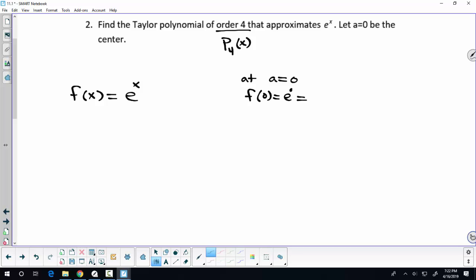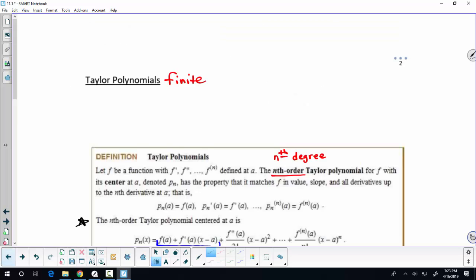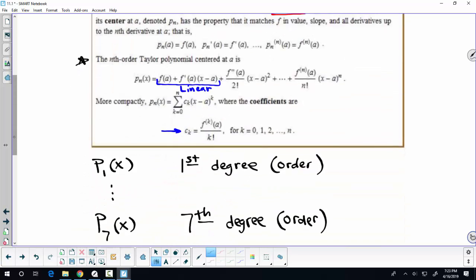What's the equation of the sum of c sub k times x minus a to the k? Yeah, we should note that. This is a power series in general. What this is saying is that the Taylor polynomial is this power series with these specific coefficients.